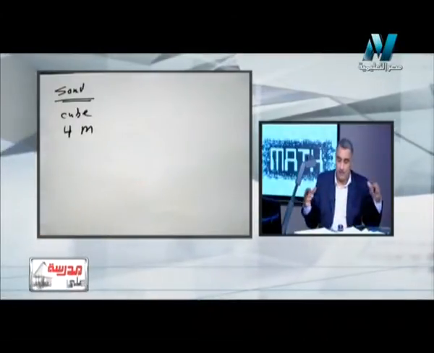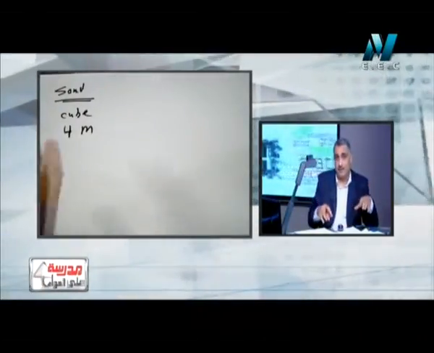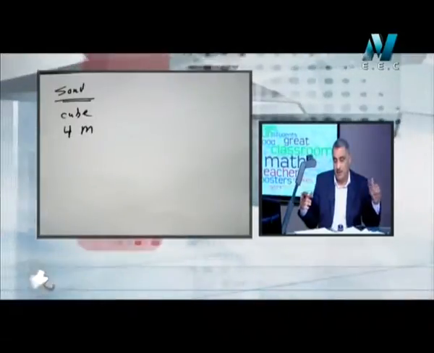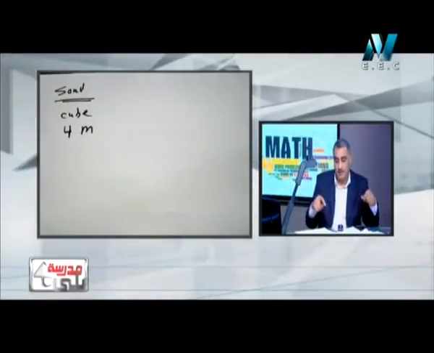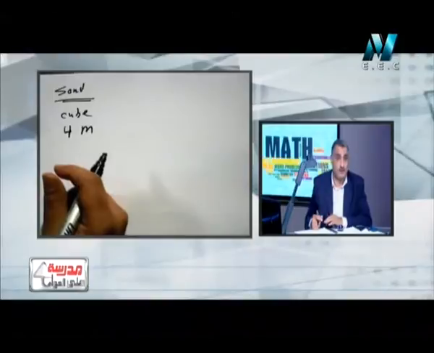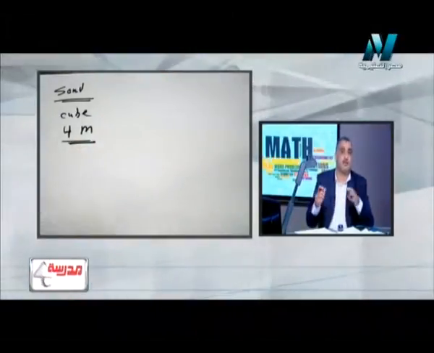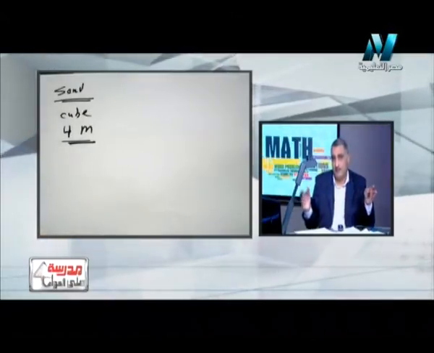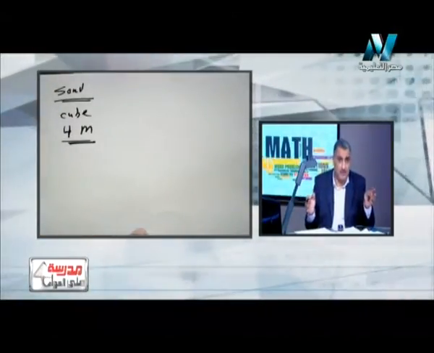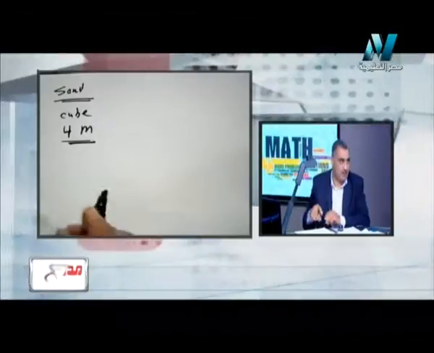We have a hole and we want to fill it with sand. The hole is in a cube shape of edge length equal to 4 meters. Just find the volume of a cube of edge length 4 meters, edge times edge times edge.